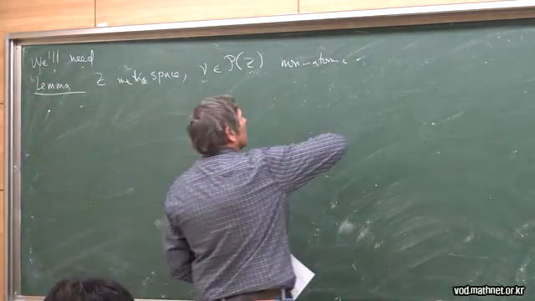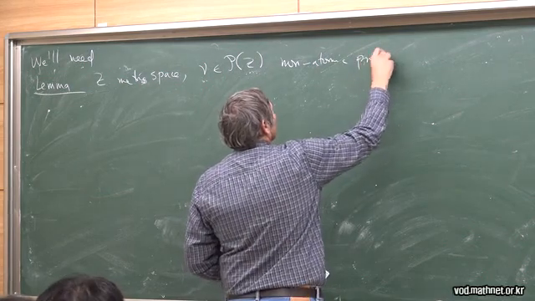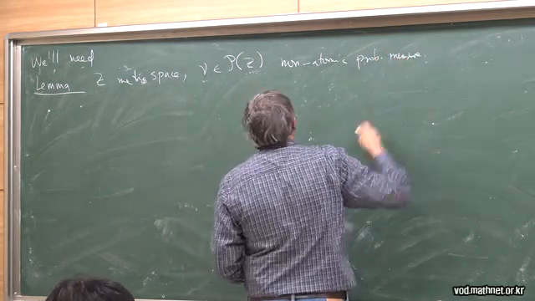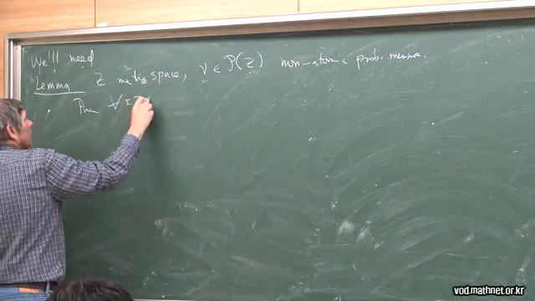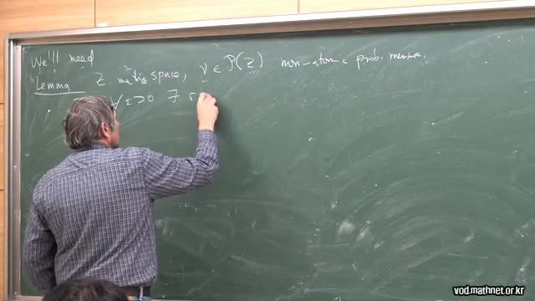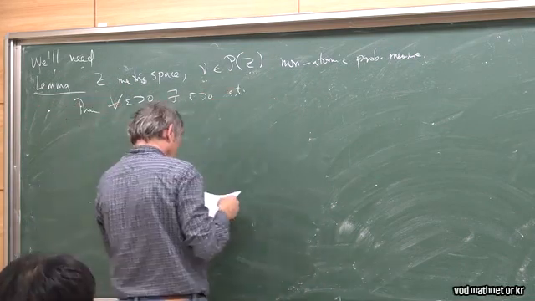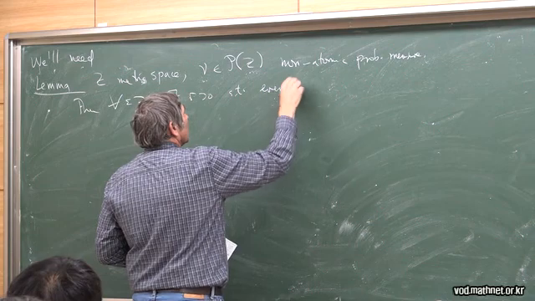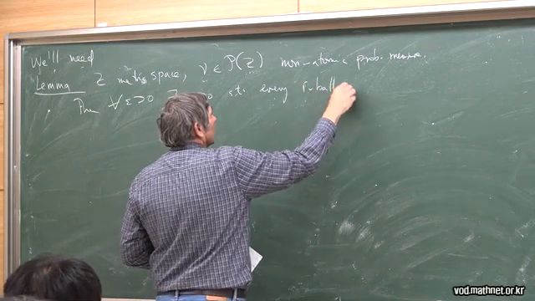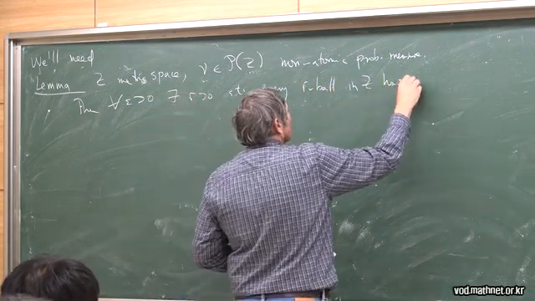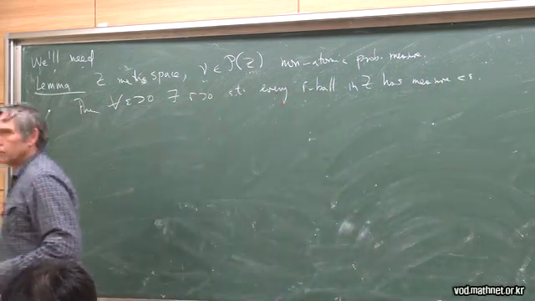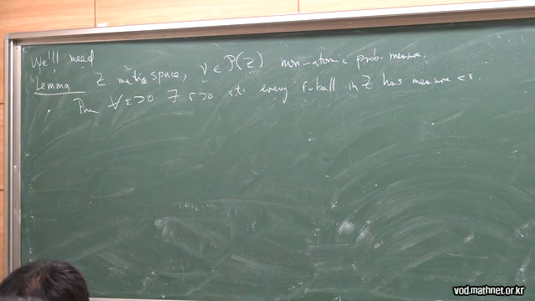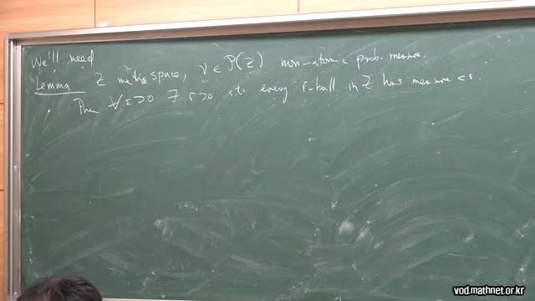And so we already know it's non-atomic. Then for every epsilon, there is R so that every metric R ball in Z has measure less than epsilon. So small diameter sets have small measure as long as there are no atoms.